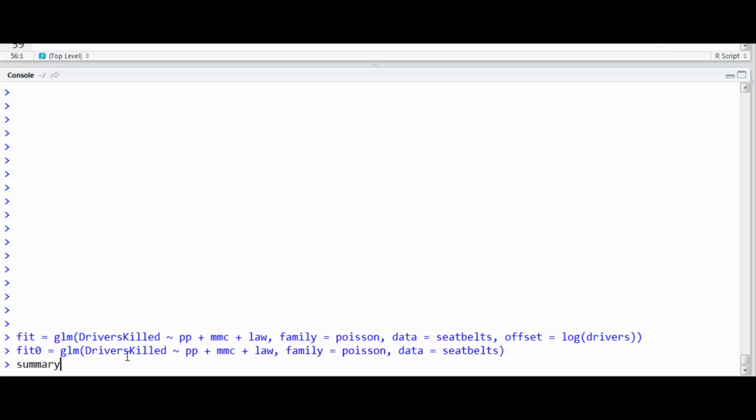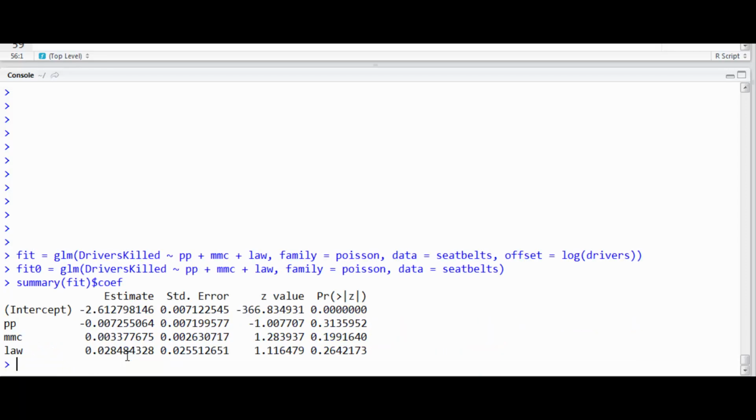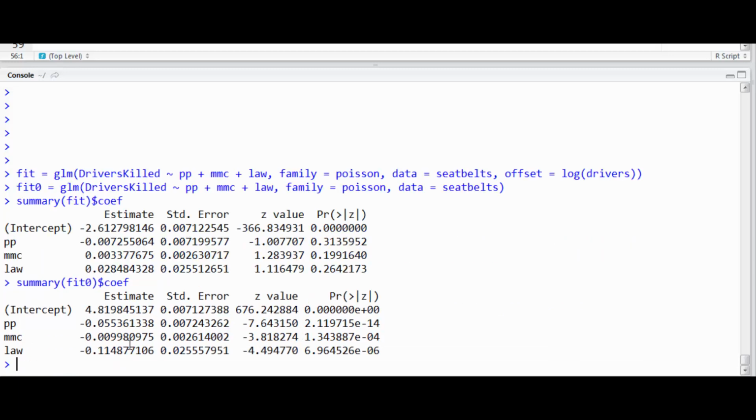Okay, so I want to do summary of fit, just the coefficient table, and summary of fit 0. And notice it's very different model fits, and this is because these are very different interpretations.